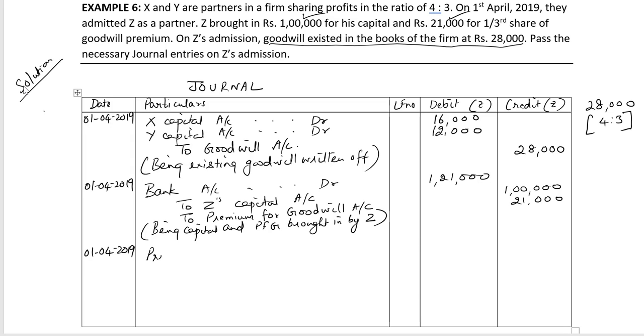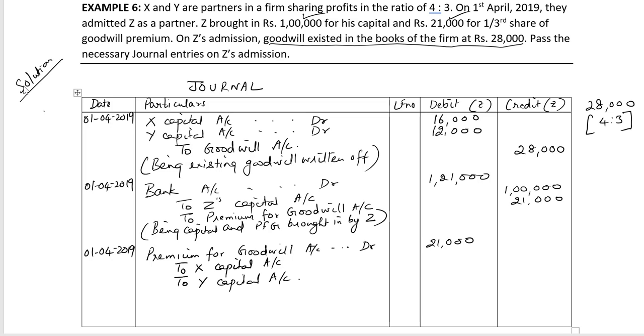So, premium for goodwill account debit, is rupees 21,000 premium for goodwill, to X capital account, to Y capital account. 21,000 to be distributed in sacrificing ratio.